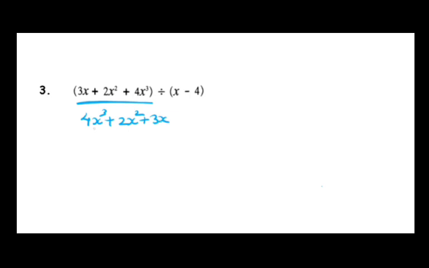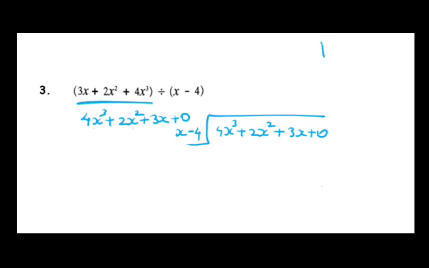And children, since the degree is diminishing, we add a 0 out here to show that there is no x at the end. Alright, so let's start solving the sum in this manner. X minus 4, 4x cube plus 2x square plus 3x plus 0. Alright, my space for working.